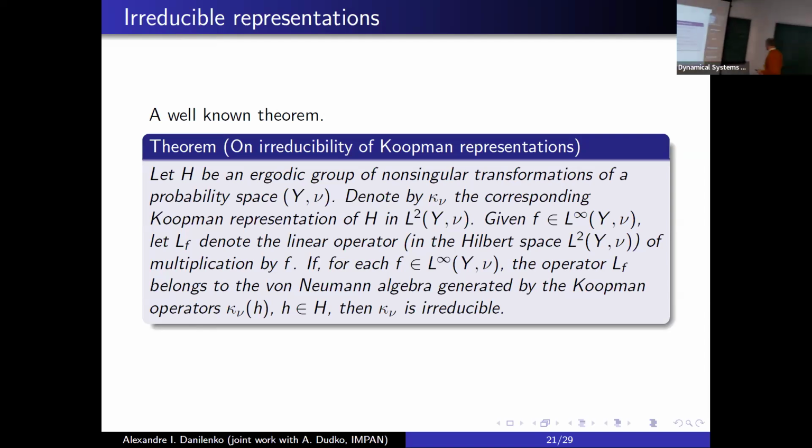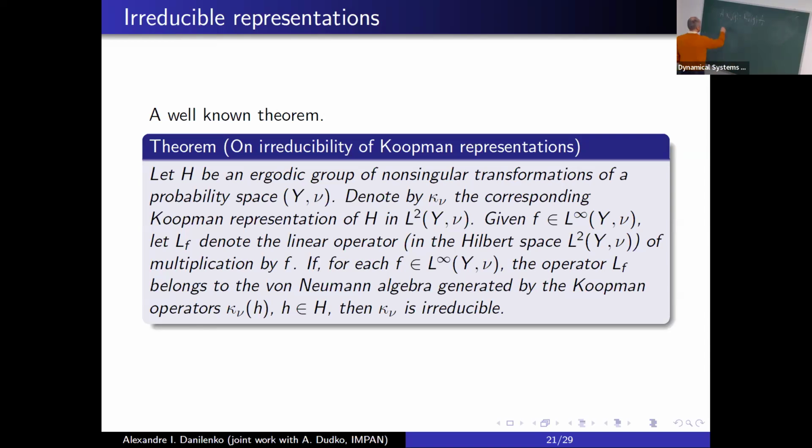How to deduce irreducibility? Suppose A is an operator which commutes with every kappa nu. But then due to this property, the operator L f belongs to the von Neumann algebra generated by all of them.